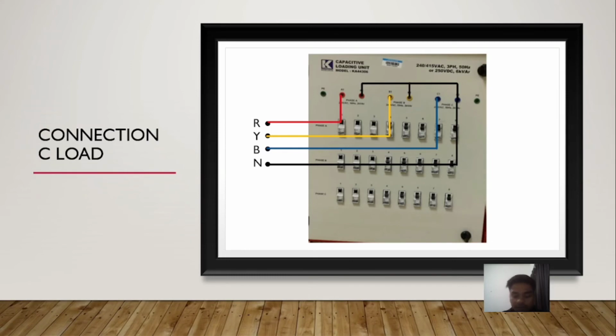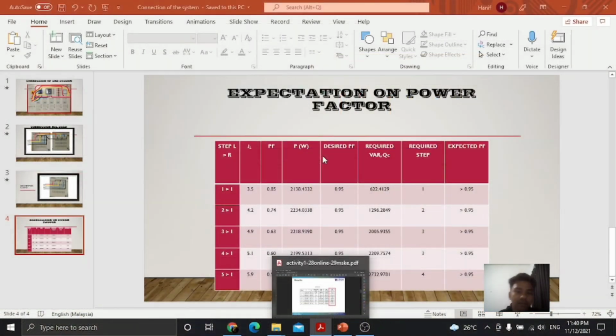So that's all. Next, I will continue to explain the expectation of the power factor after adding the capacitor C. To find the value of the capacitor, there are several steps. The first step, we need to find the power, and then we need to find the required VAR.